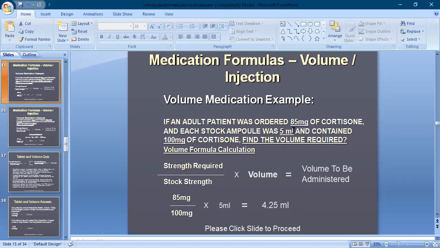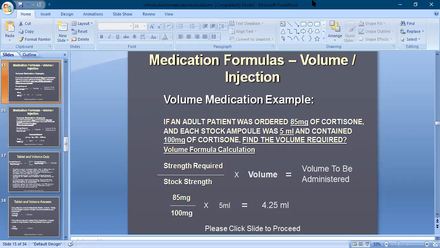So volume, milliliter, 5 should go here. Doctor order should go to the strength you require for the disease. And 100 milligram, the medication in your hand, you have to give the patient, right?